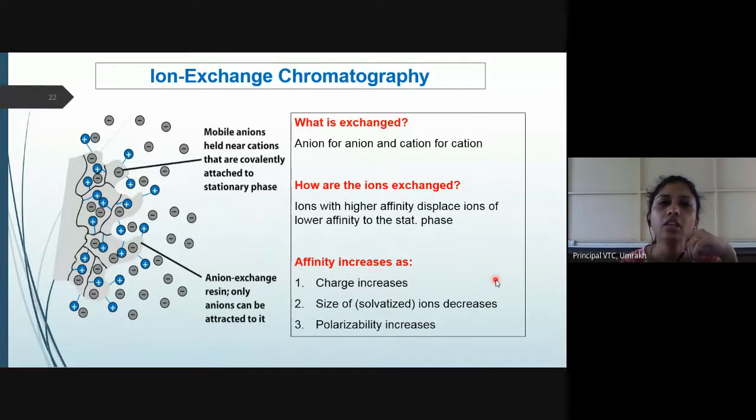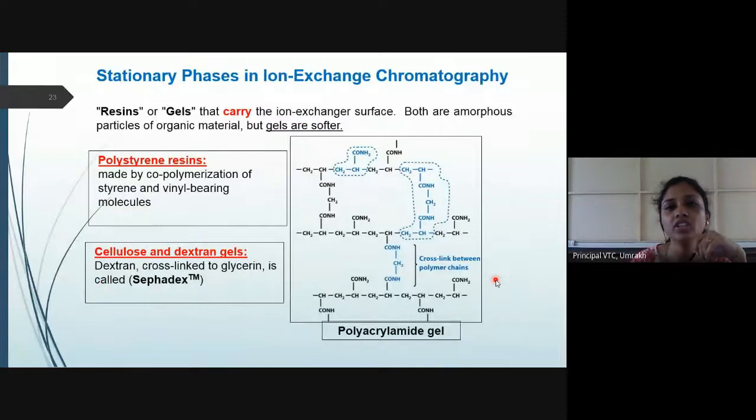In ion exchange chromatography, the stationary phases generally used are resins or gels, which carry an ion exchange surface. Both are amorphous, meaning they do not have a specific structure.